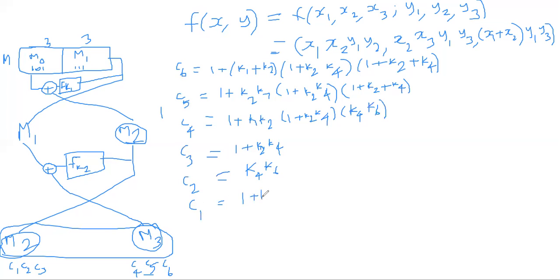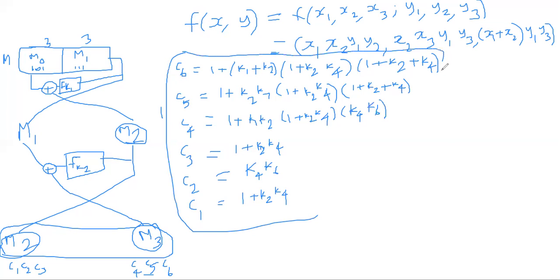So what you're seeing is basically a bunch of equations. All these equations are coming from the Feistel network definition. Just from the network, we are able to derive this. So what are the things we know? We know C1, C2, C3, C4, C5, C6. These are published as part of the ciphertext, the final round.